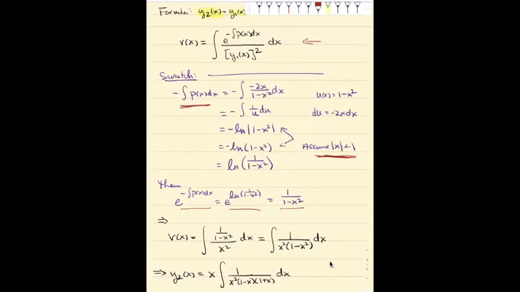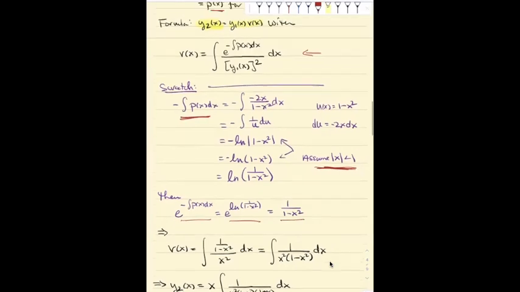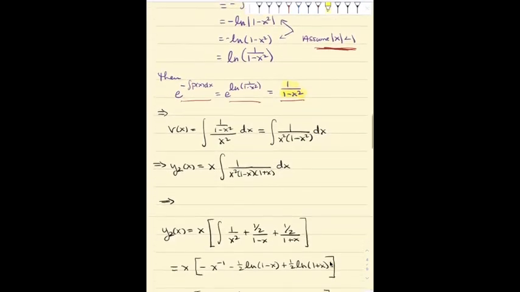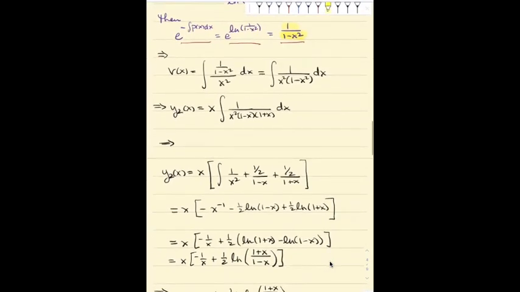That goes in the numerator of v of x, so the thing in the numerator is just this right here. I'm going to plug that in. Now v of x is going to be that numerator divided by y1 squared. Check your formula there.